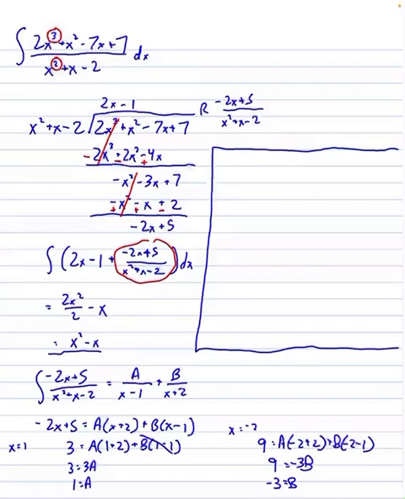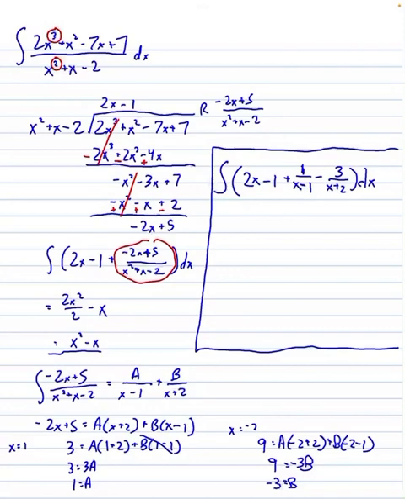So what we have to do is, remember, that's 2x minus 1 plus 1 over x minus 1 minus 3 over x plus 2. Why? We took this problem, we put everything back in here, right? And now we simply find the antiderivative.